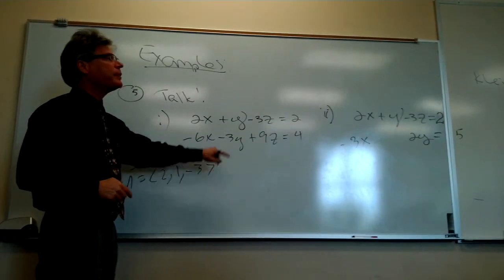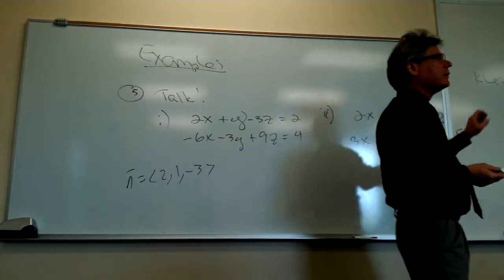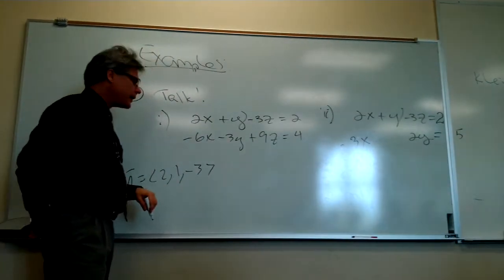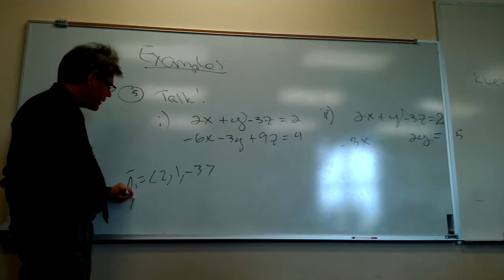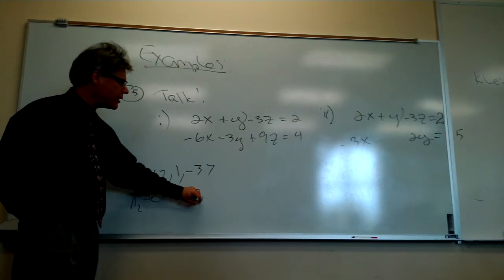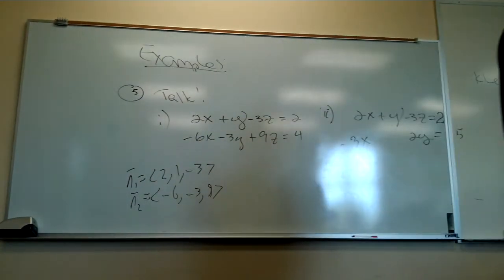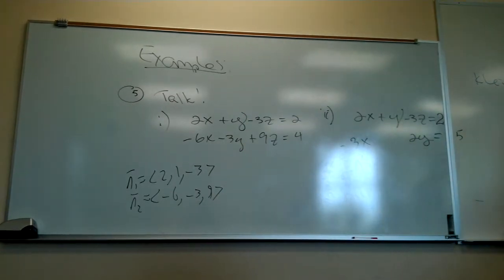Those coefficients are my A, B, and C from my standard equation of the plane. Call them N1 bar and N2 bar. N2 bar is -6, -3, 9, but clearly N2 bar is parallel to N1 bar because they go in the same direction. Well, opposite direction, but they are parallel.